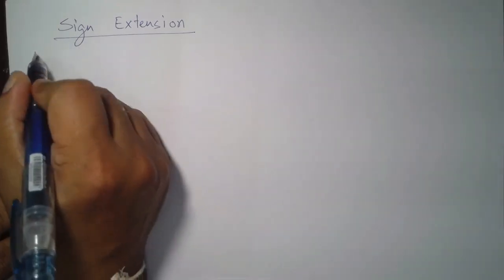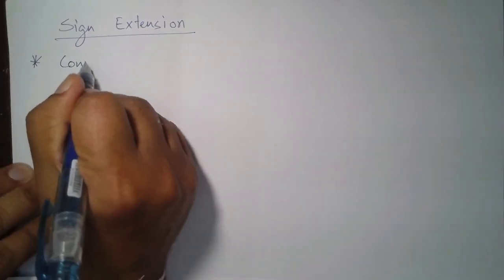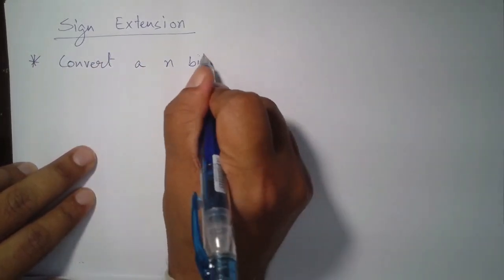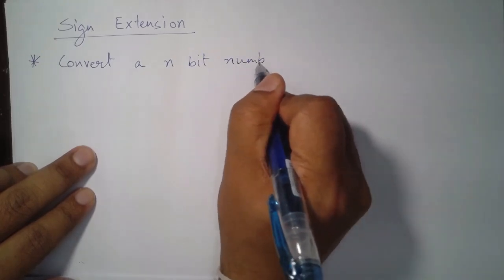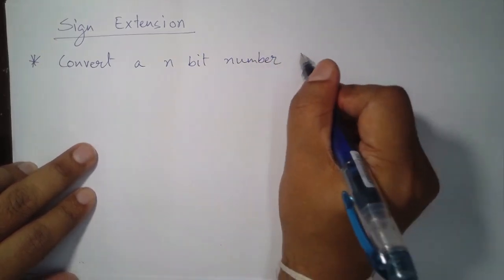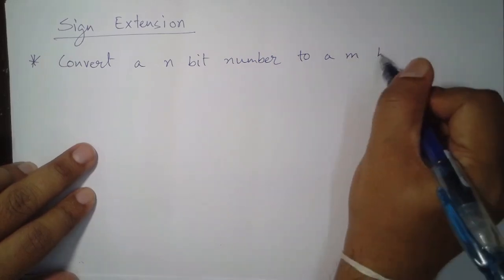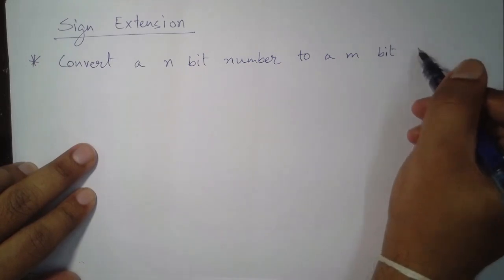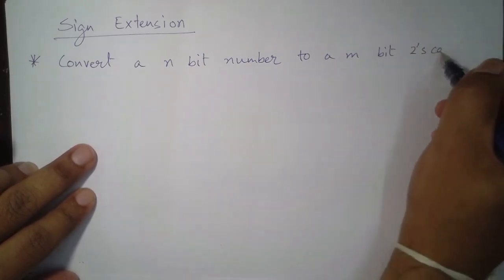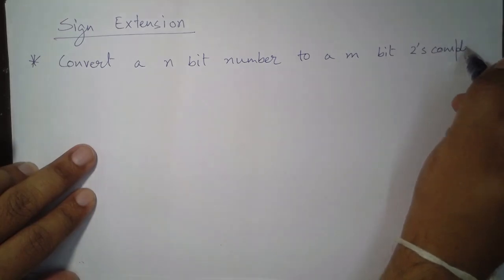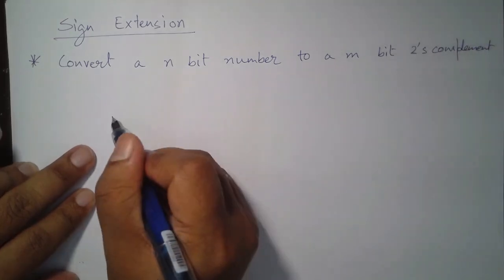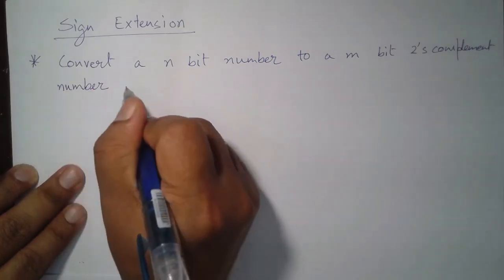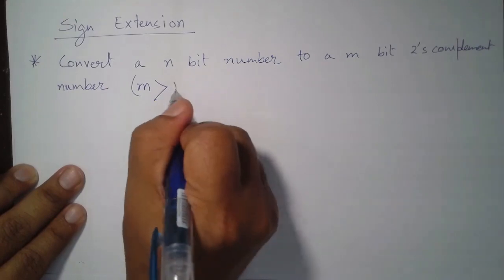So, the objective is to convert an n bit number to an m bit 2's complement number. Now, here m is greater than n.